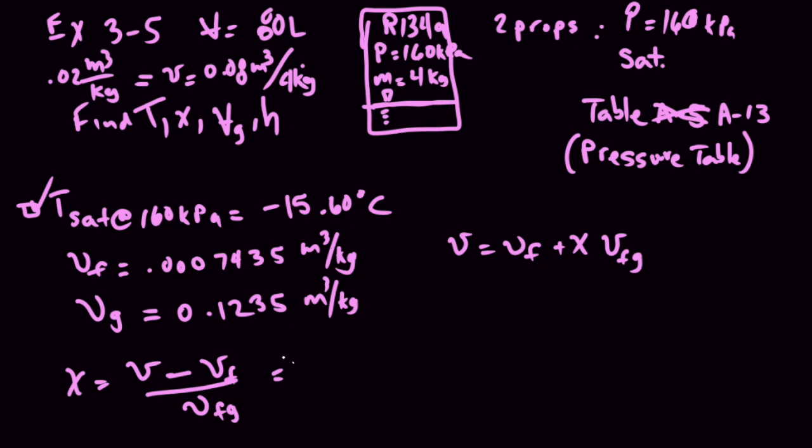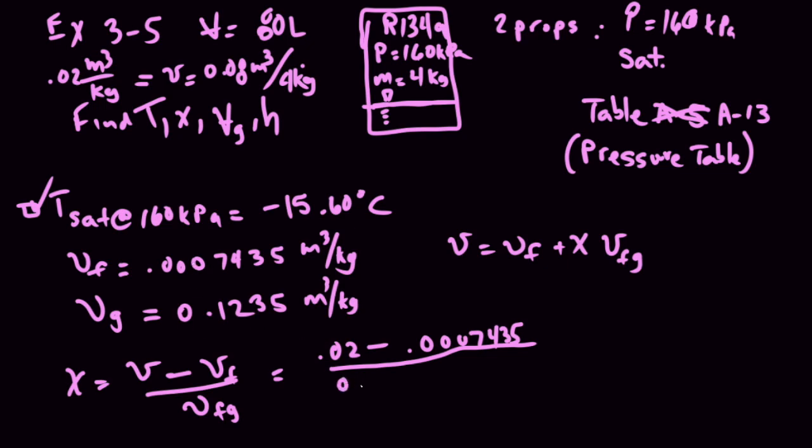So our little v is 0.02 minus v sub f, which was a table lookup, 0.0007435, and then divided by v sub fg, which is basically v sub g minus v sub f.